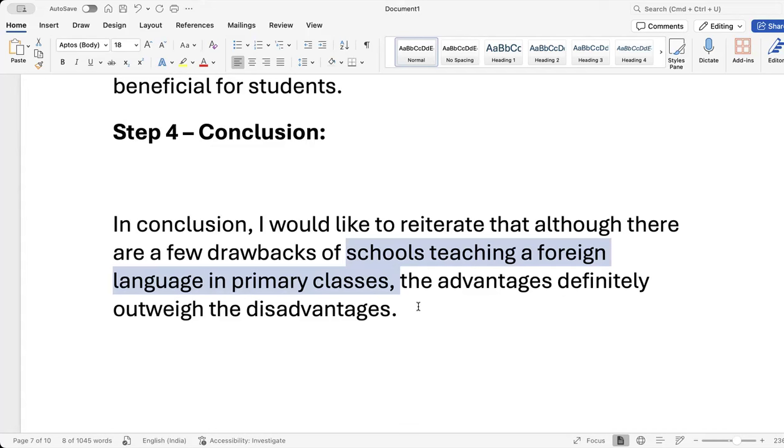No. Why did you say advantages? What do I write in the first body paragraph? Tell me. I taught you a structure. What do I write in the first body paragraph?